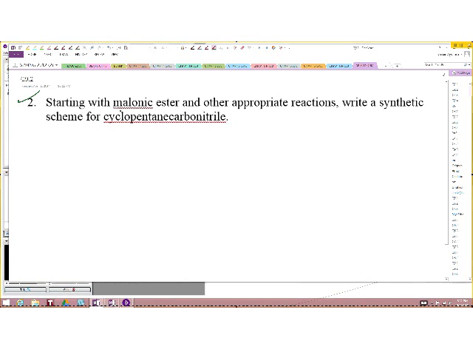Starting from malonic ester and other appropriate reactions, write a synthetic scheme for cyclopentane carbonitrile. The first thing, you need to know what this cyclopentane carbonitrile is. You also need to know what malonic ester is. In essence, they are asking us to do this.